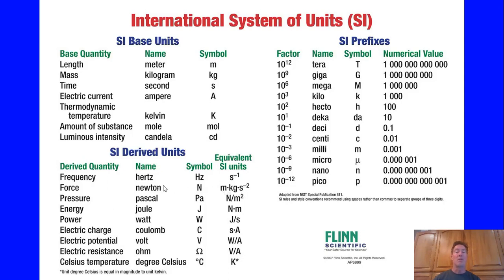And so this name, the Newton, this derived quantity is made up of these base units. So you can derive a lot of other stuff using these base units. But here's the thing I want to focus on now. If you learn these, you will have all of the knowledge that you need to navigate the metric system.